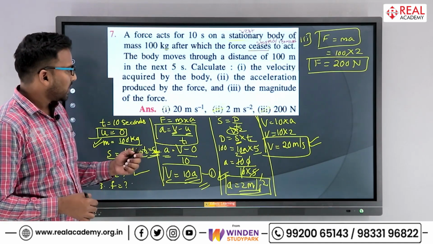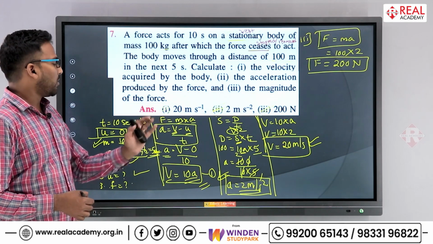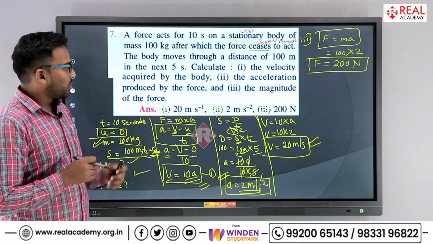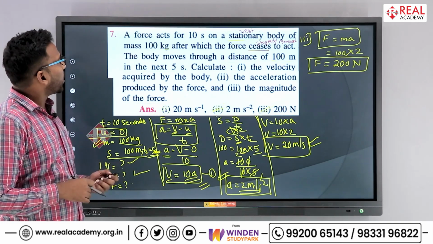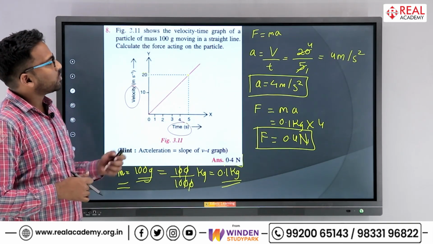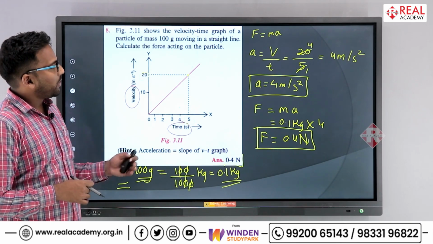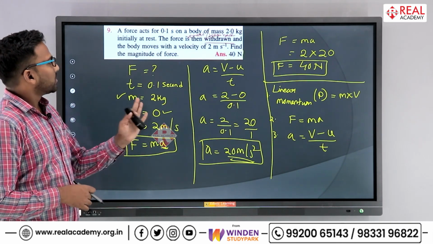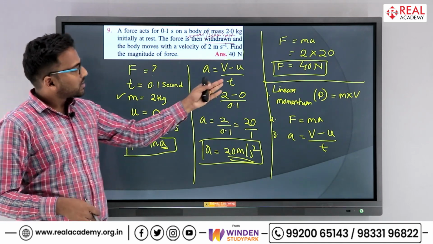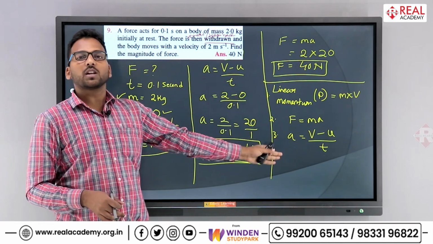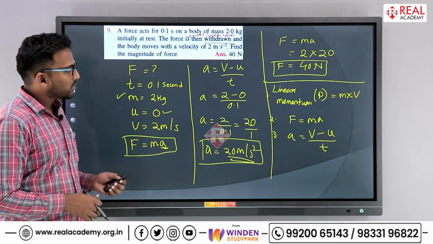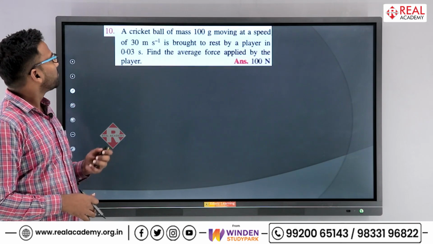Seventh question, we have used multiple formulas like a is equal to v minus u by t, F is equal to ma, and so on. And here we have used a is equal to v by t through this graph. So just get thorough with these 3 formulas and you are done with the required questions. Okay? Next question.